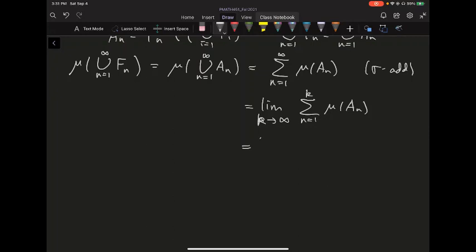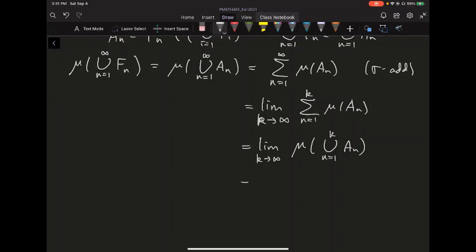Well, the first k partial sum, because again An are disjoint, is the mu of the union n going from 1 to k of these An. You can say this is by sigma additivity, or basically additivity, using a weaker one than the sigma additivity.